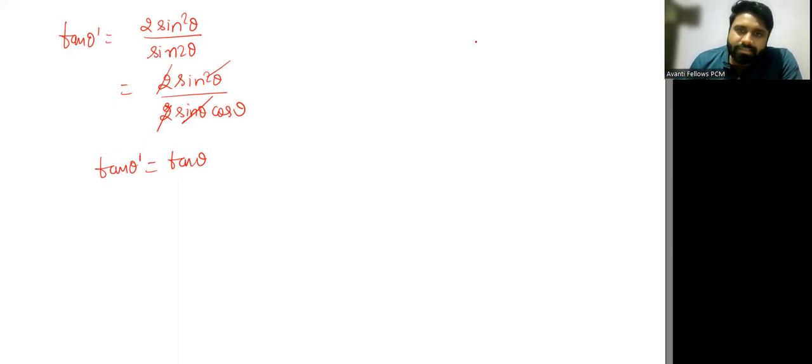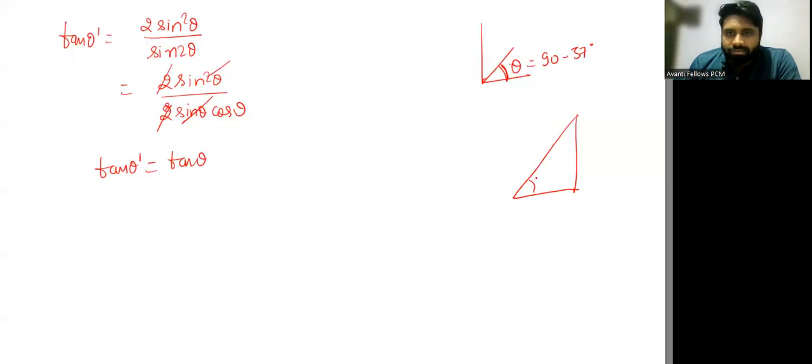Now we know that this angle from the vertical is given here. We have considered this angle, and this theta is 90 minus 37. Okay, we know there is a famous triangle you must be aware of. This angle is 37, so this length would be 3. This angle is approximately 53, so this length would be 4 and the hypotenuse is 5.